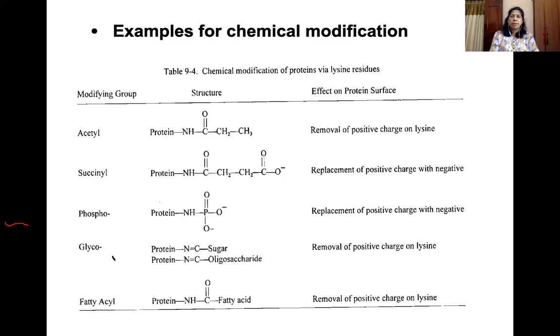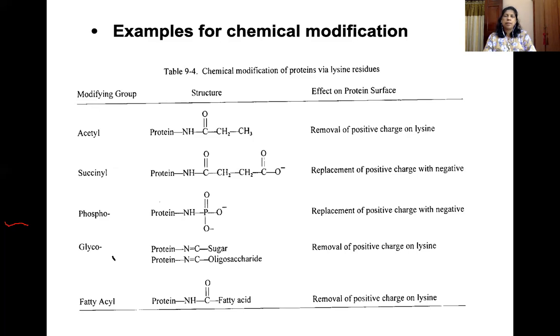By adding the acetyl group, you remove the positive charge on lysine. The charges are not there, therefore it works as a hydrophobic protein. After modification, lysine can work as a hydrophobic group.